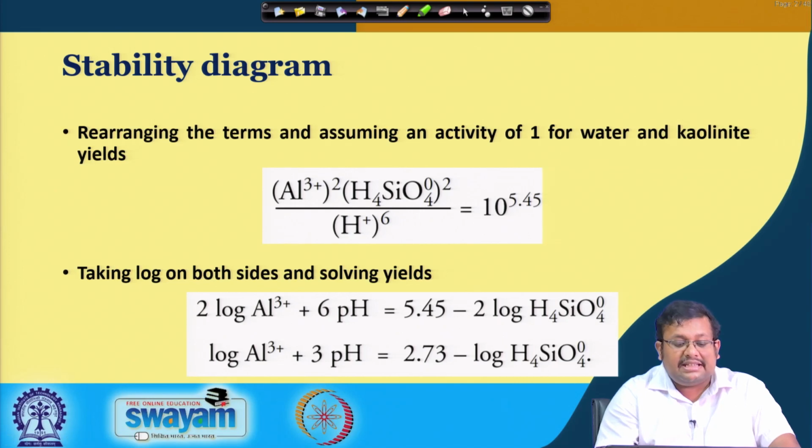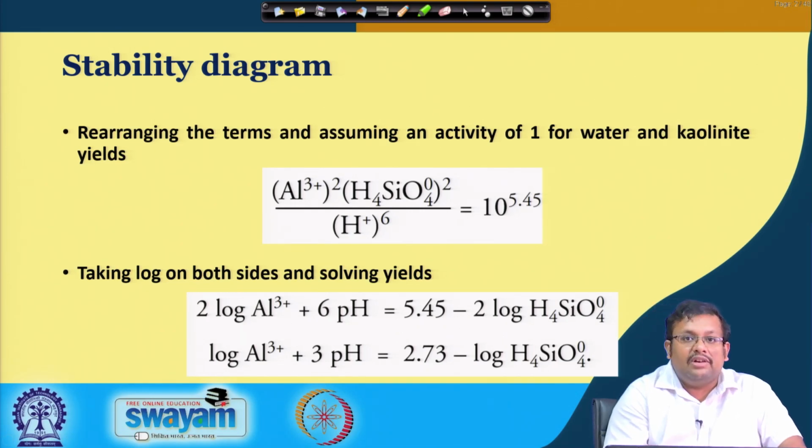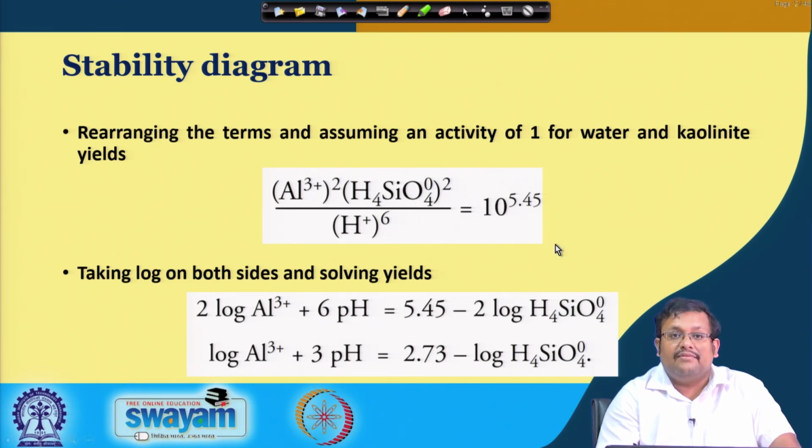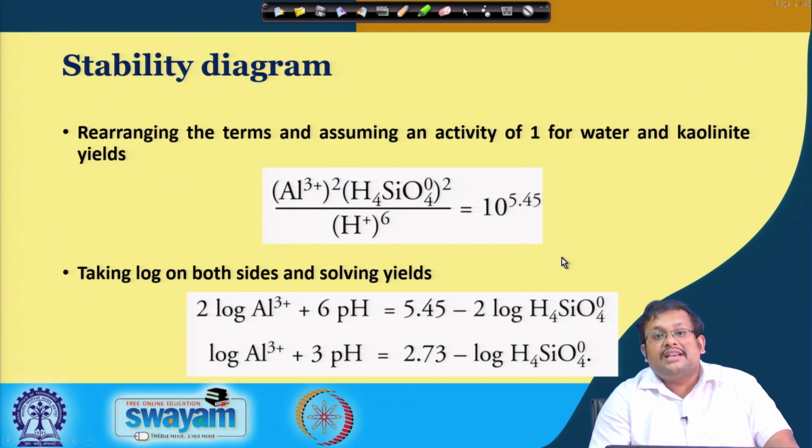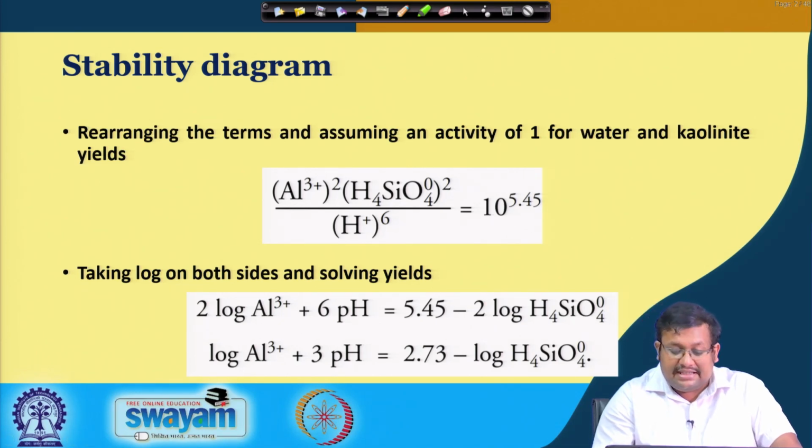From there, rearranging the terms and assuming an activity of 1 for water and kaolinite basically yields this value of 10 to the power 5.45, and taking log on both sides yields this reaction: log Al3+ plus 3 pH equals 2.73 minus log H4SiO4.